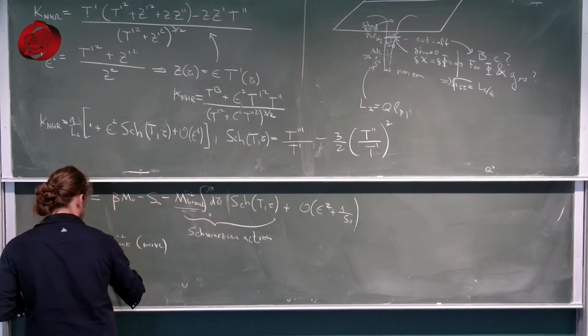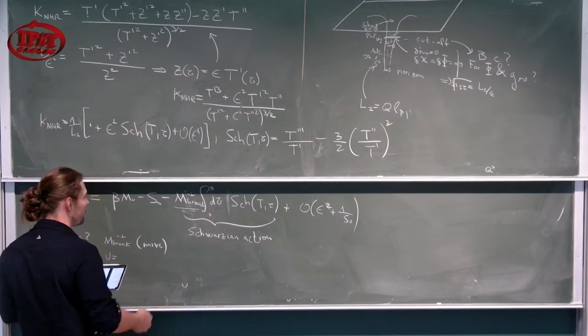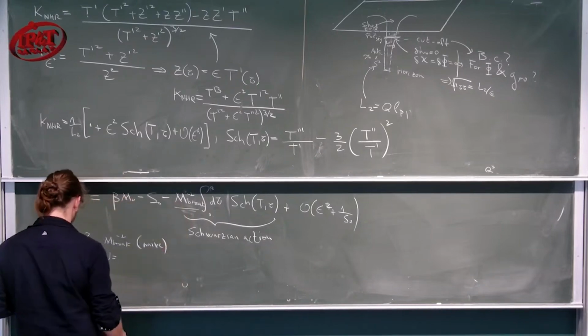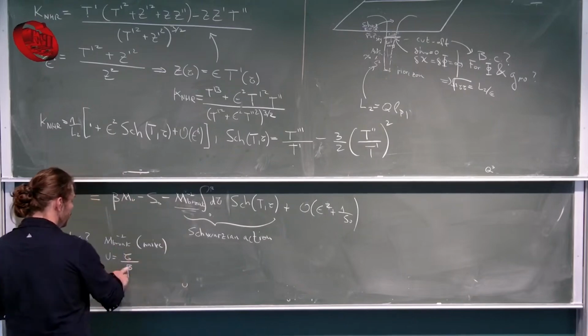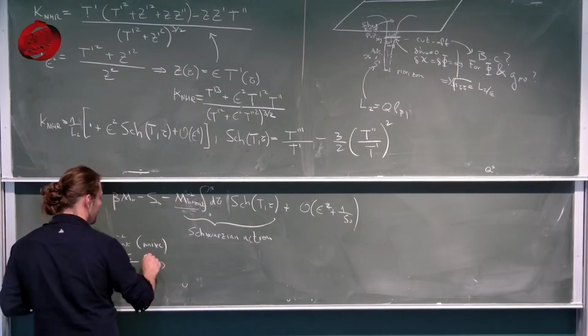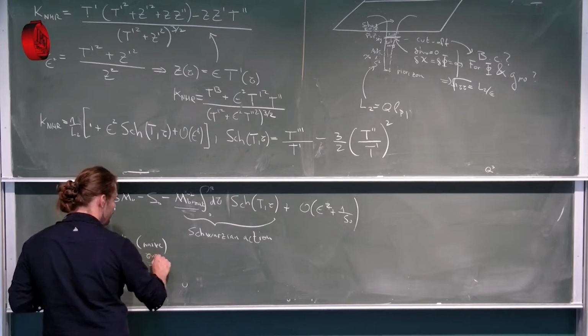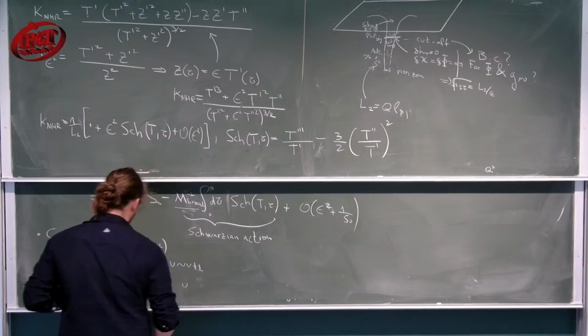Suppose that I consider a new proper time on the one-dimensional boundary given by the variable u, related to tau by u equals tau over beta. If tau is beta periodic, then u is periodic with period 1.